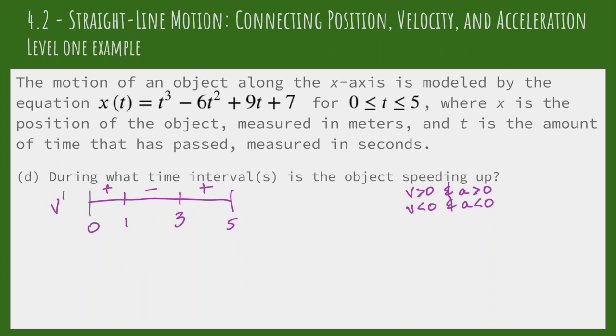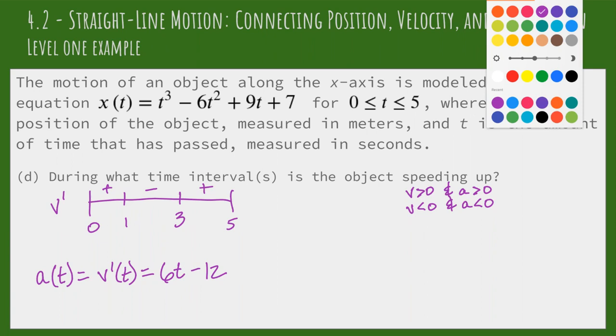To do that, we're going to need the acceleration, which is the derivative of the velocity. And we've already found the velocity by taking the derivative of the position. So the acceleration is going to be 6t minus 12.